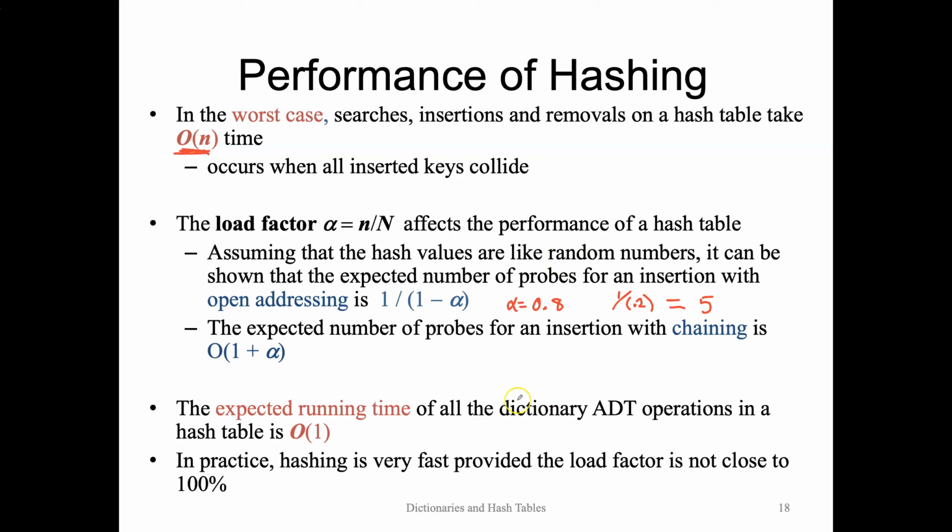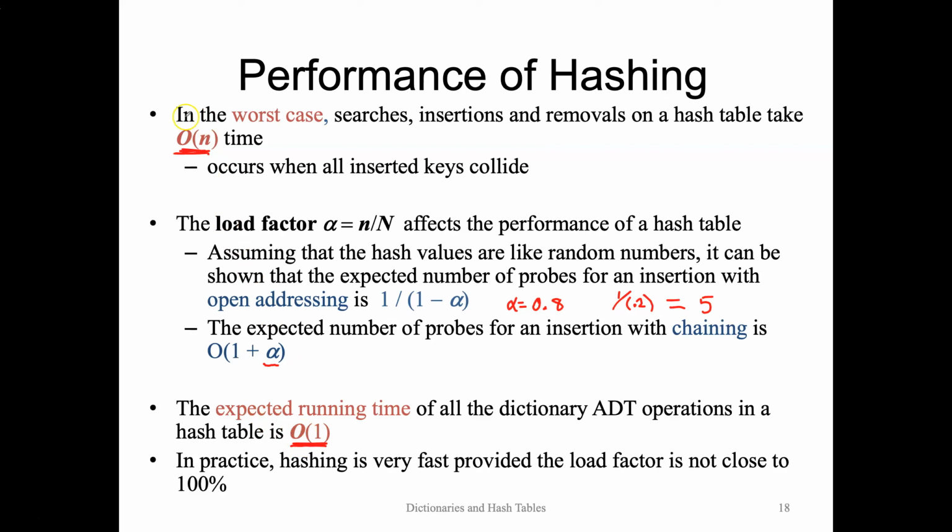And similarly for chaining, the expected number of probes for inserting or finding or removing is 1 plus alpha. And again, alpha is constant because this is how full our table is. So this means that the expected running time of all operations is constant. So this isn't the worst case.